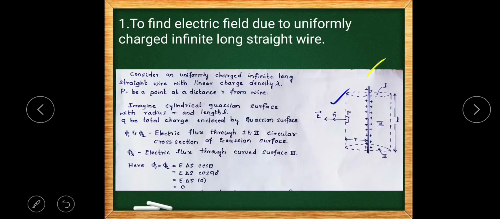Okay, right? And here E is the electric field intensity. The straight wire contains positive charges, hence the electric field intensity is outward in direction.